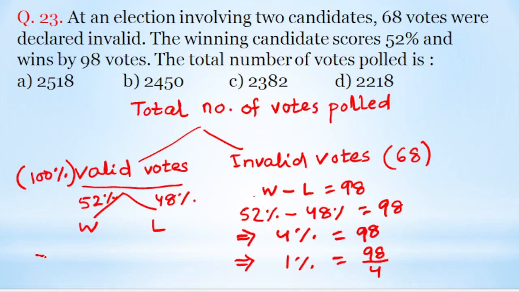Again, this implies 100%, because the valid vote is 100%, is equal to 98 by 4 into 100.